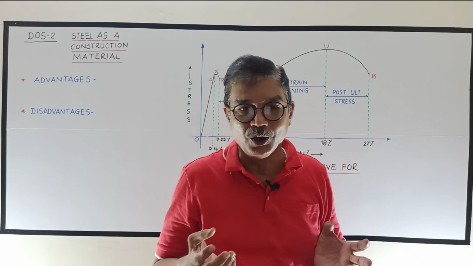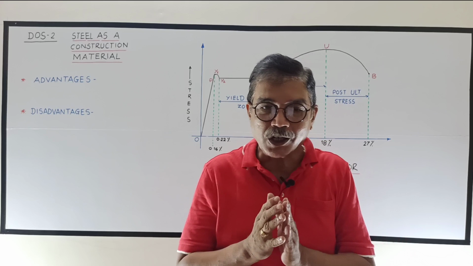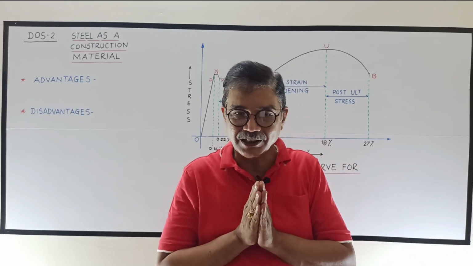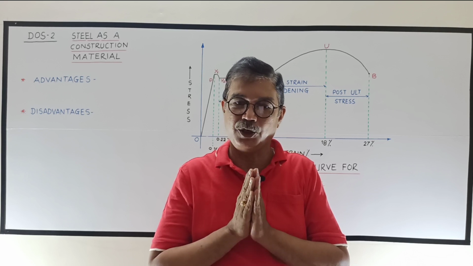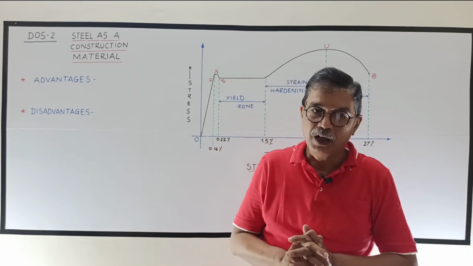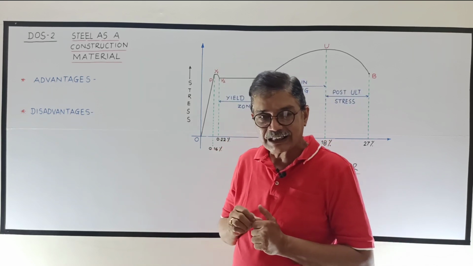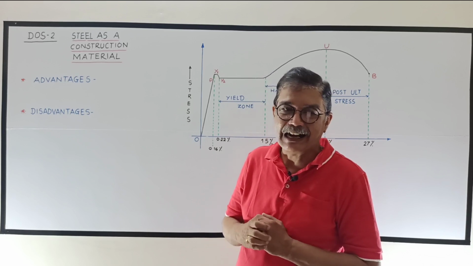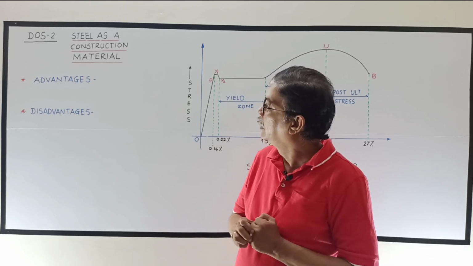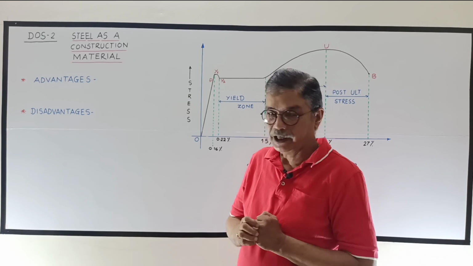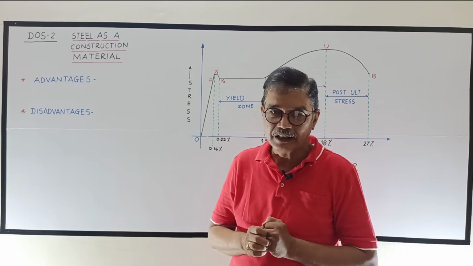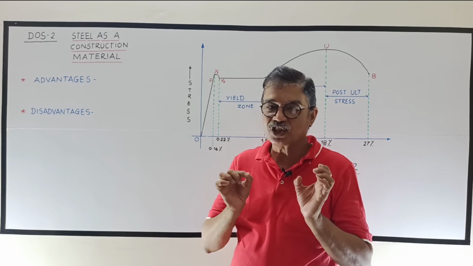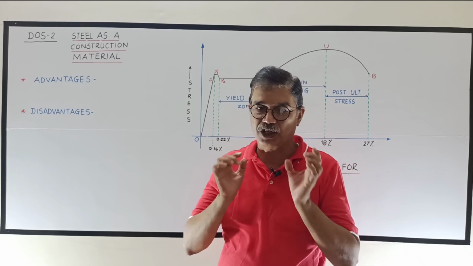So I have told you 9 important civil engineering works where steel structures are extensively used. Now in this video we are discussing steel as a construction material. So let us go for a most important typical stress strain curve for mild steel.